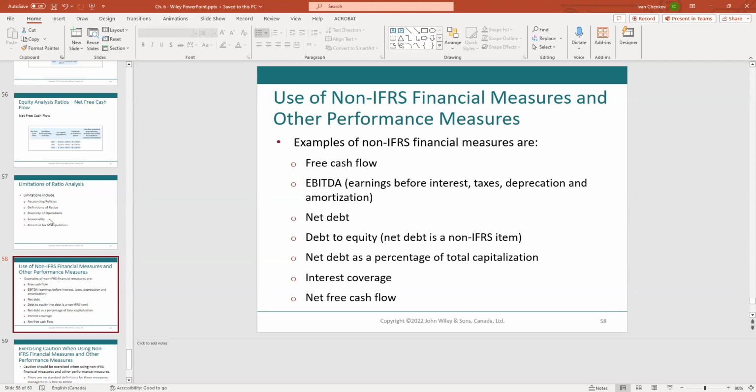Examples of those financial measures are the free cash flow, earnings before interest, taxes, depreciation, amortization, net debt, debt to equity, net debt as a percentage of the total capitalization, or again, you can translate to total assets, interest coverage, and net free cash flow.